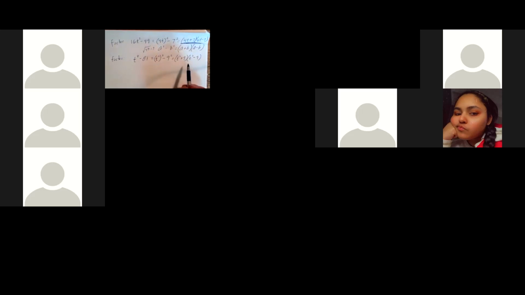But ladies and gentlemen, can any of these factors themselves be further factored down? We need to at least check. T squared plus 9 is the sum of squares, which cannot be further factored down. However, t squared minus 9 is itself the difference of squares, 9 being a perfect square of 3. So this needs to further factor down into t plus 3 times t what?